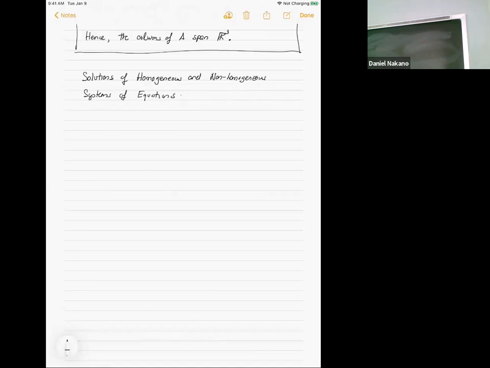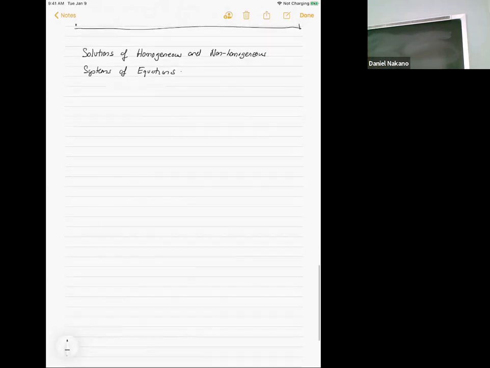Okay, so this is the next topic. Let me say what a homogeneous system is. A homogeneous system is a system where I have AX equals the zero vector. So this is homogeneous.